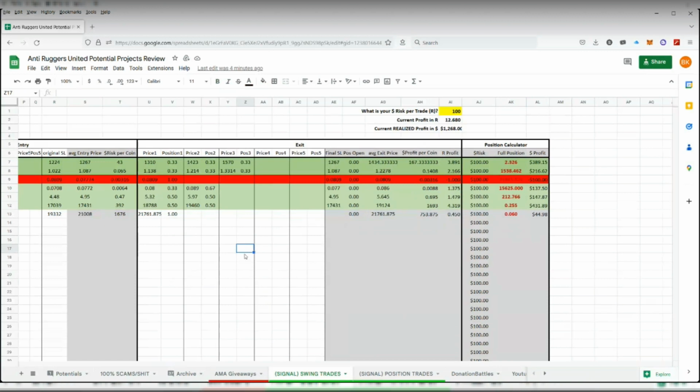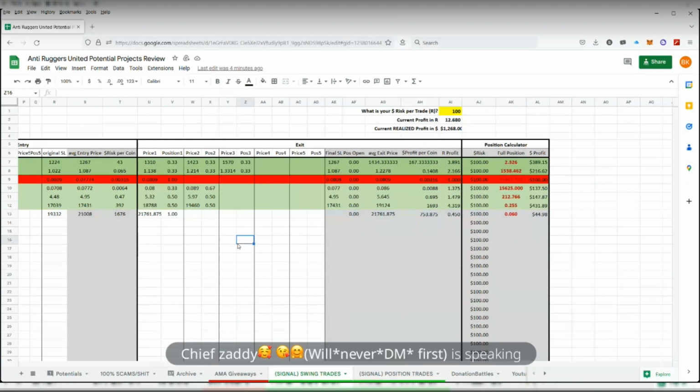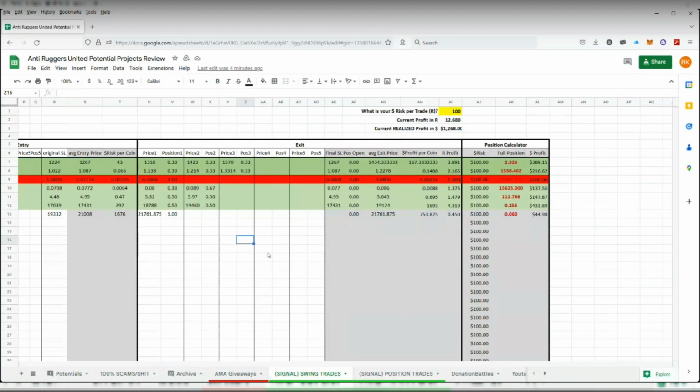So let me do an example for you. Let's say you have $100 total, and this is where money management and risk comes in. You're not going to risk $100 per trade, because you'd risk your whole account. If you hit this trade, you would lose all your account in one trade.